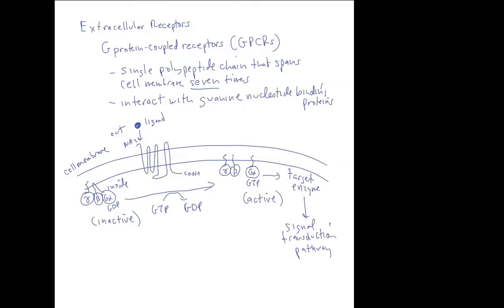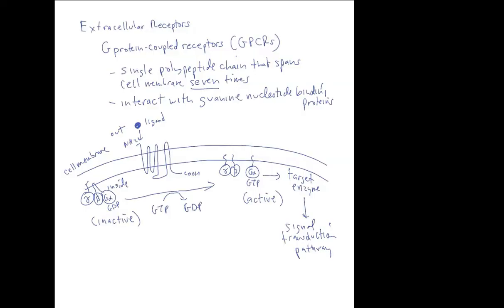I also will point out that the gamma and beta subunits that I have off to the side here, while I'm not really showing them doing anything in this particular example, there are cases where the gamma and the beta subunits can have effects as well, which we may talk about in other videos. But right now it's the alpha subunit really that's going to be having this effect on signal transduction.